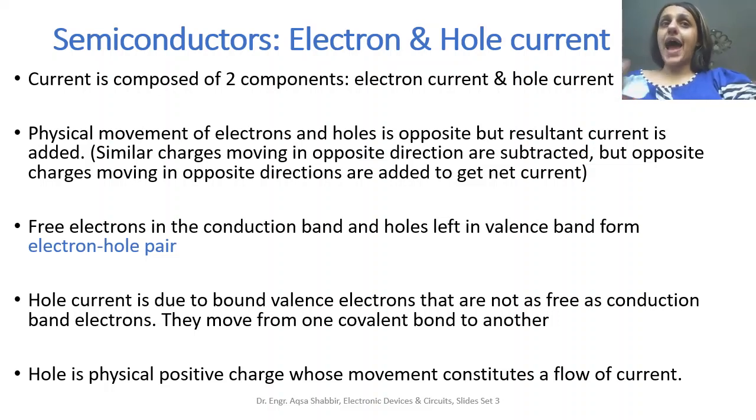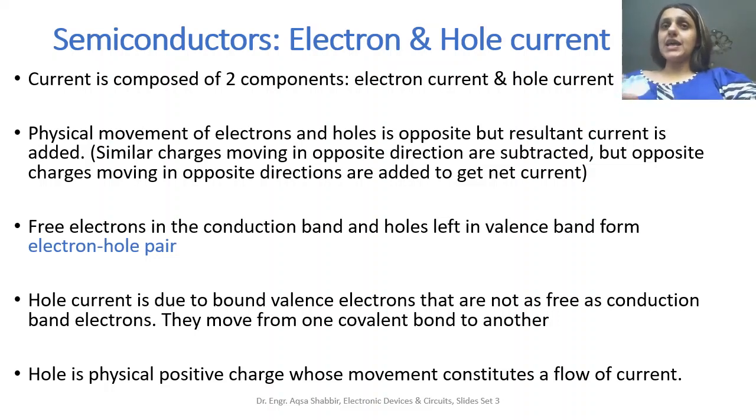The second important thing to understand is that the free electrons are actually in the conduction band, whereas the movement of holes is inside the valence band. And the movement of holes is actually in effect a movement of those electrons which do not have enough energy to move to the conduction band, but they only move from one place to another inside the valence band.